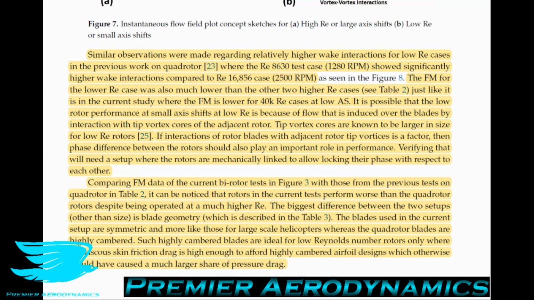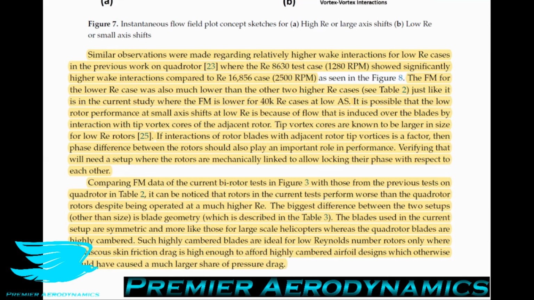The figure of merit for the lower Reynolds number case was also much lower than the other two higher Reynolds number cases, just like it is in the current study, where the figure of merit is lower for the Reynolds number of 40,000 at low axis spacings of the rotors, so when the rotors are very close together.